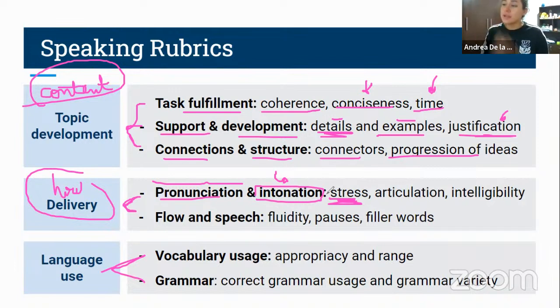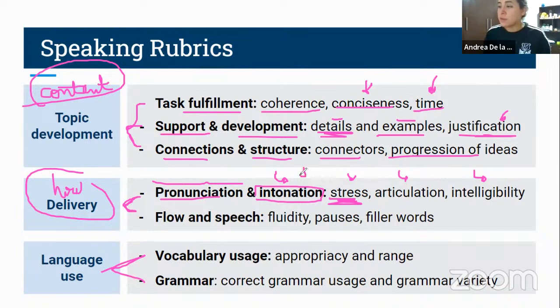So you're stressing that sentence, right? It's not like the language is linear, like you're reading something. You have to stress certain things. You obviously have to articulate the words correctly in order to be intelligible, in order for your delivery to be clear. And you need to try not to have such a linear response. I don't know why, but I think students sometimes get nervous and afraid, and it looks like they're reading. So you don't do that.